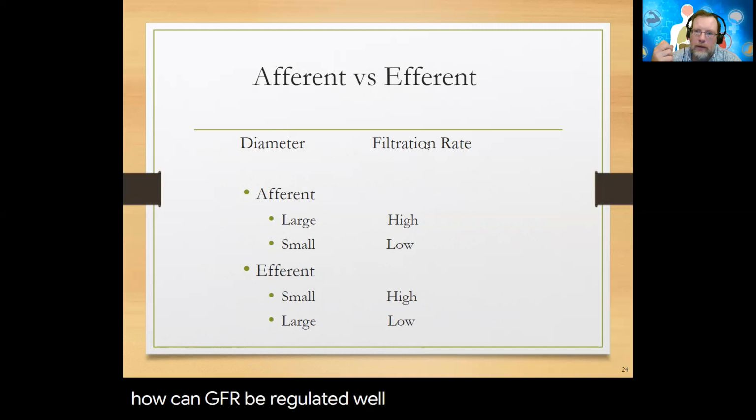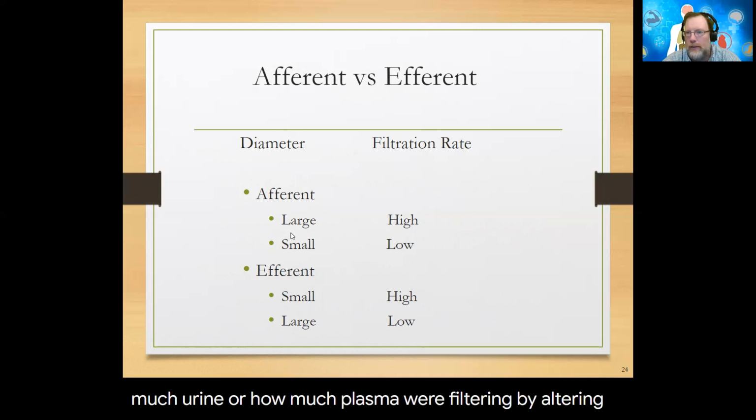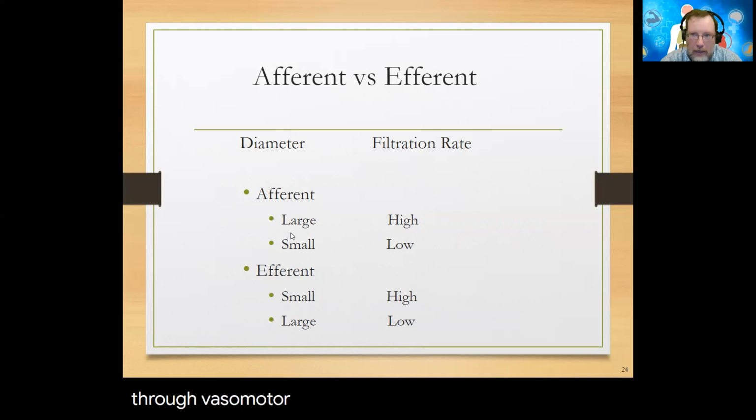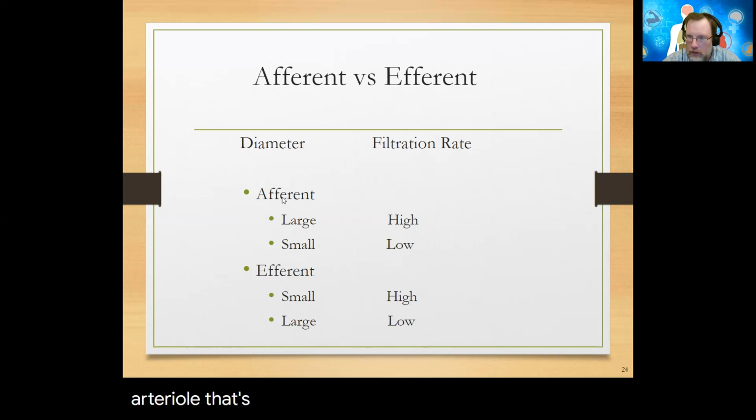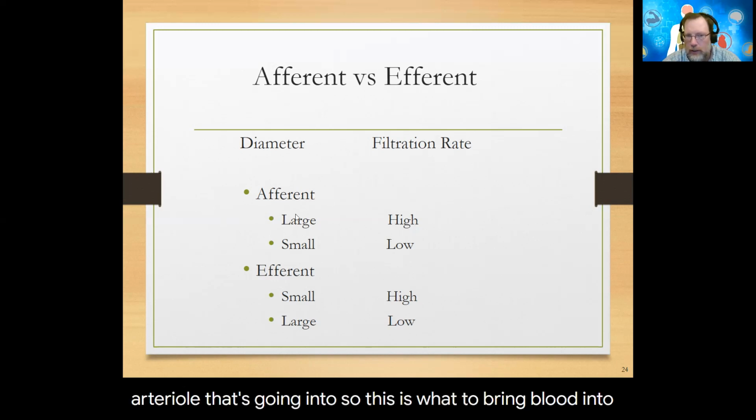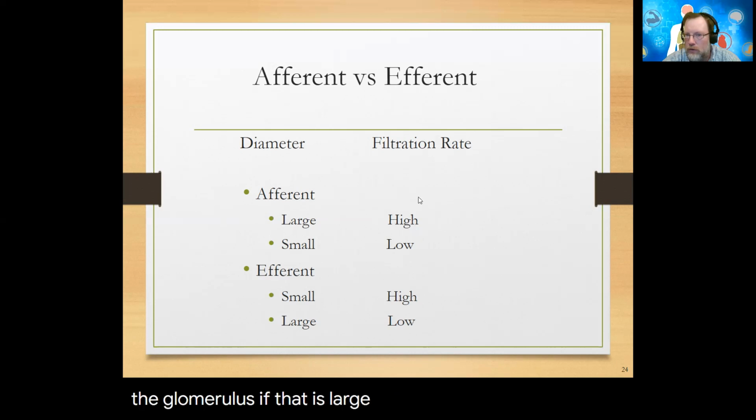Well, the body can regulate how much plasma we're filtering through vasomotor responses, vasoconstriction, vasodilation. So if we increase the diameter of the afferent arteriole, which is bringing blood into the glomerulus, if that is large, of course, we're going to have a higher filtration rate potentially.